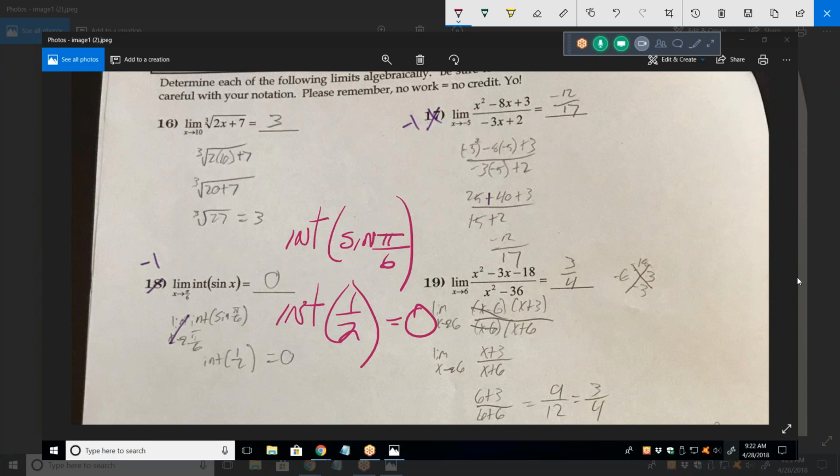What could she possibly not like about this? I do not know. She crossed out something here. What was underneath that? That's the limit as x approaches pi over 6. So this is just a restatement of the problem, correct?